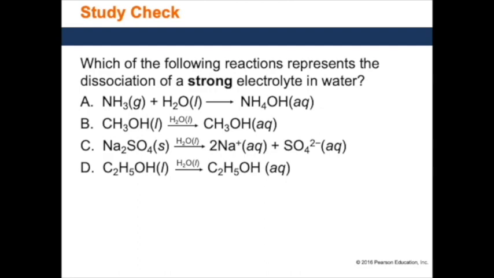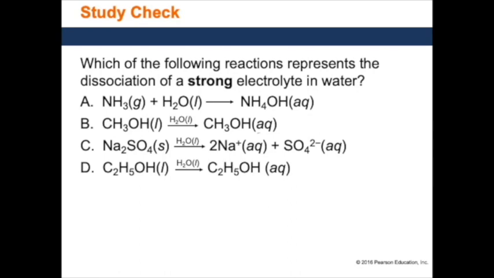Next kind of question could be like this. Which of the following reactions represents the dissociation of a strong electrolyte in water? Again, we are looking for a strong electrolyte, meaning it will dissociate to give ions completely. In the first reaction, there is no dissociation happening. The products are not ions. Same thing in reaction number B. This is methanol in water. It's still methanol. It is aqueous, but it's not ionic in nature.